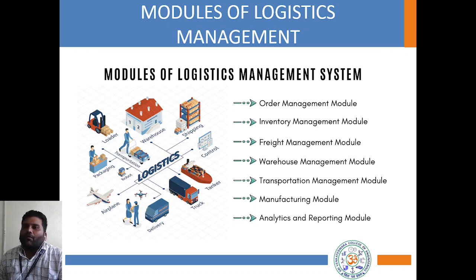Analytics is what you have ordered, what is the inventory, what you are shipping right now, what is being transported, and what you are manufacturing. Everything comes into analytics, and it generates its own order management. What is inventory? Everything is updated in a real-time system. So these are the existing real-time modules of logistic management for an Industry 4.0 incorporated logistic management.